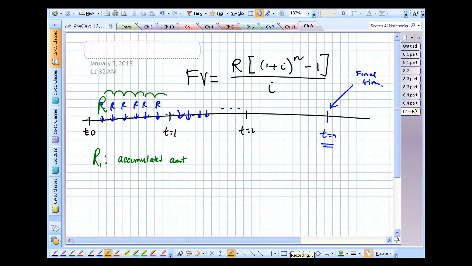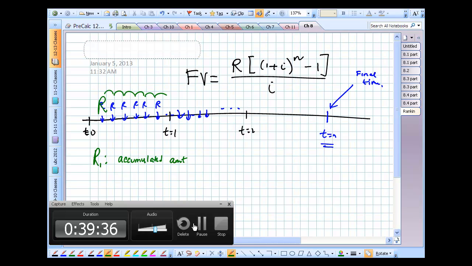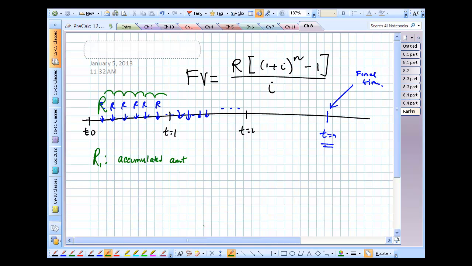So your accumulated amount then just becomes this R1 payment, and you're going to multiply that by 1 plus i every single time. How many times are you doing this? Well, you're doing this n times.